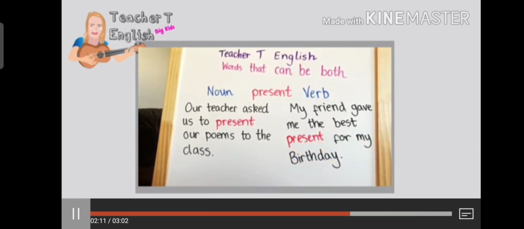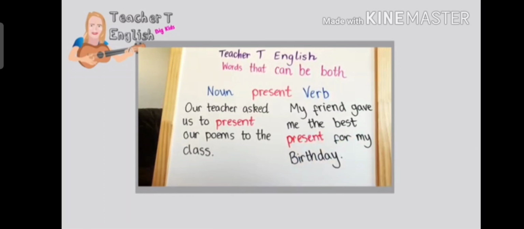You can see the first sentence, our teacher asked us to present our poems to the class. Now here you can see, my friend gave me the best present for my birthday. Here, my friend gave me the best present. So best present is a naming word, so this has to be considered under noun.